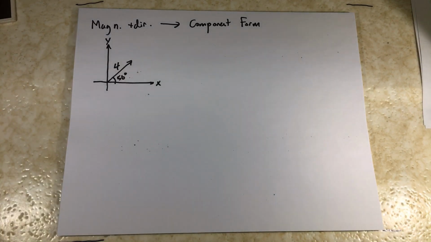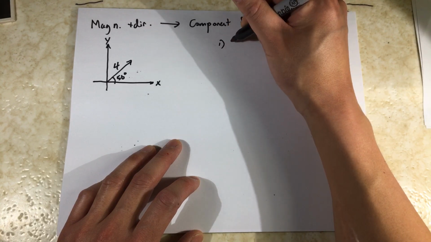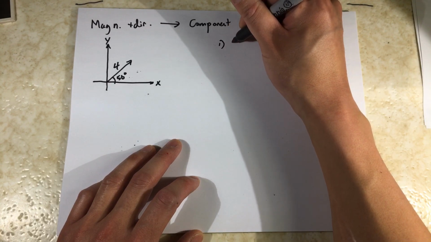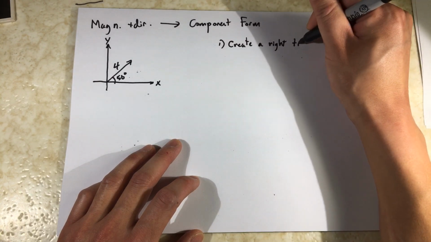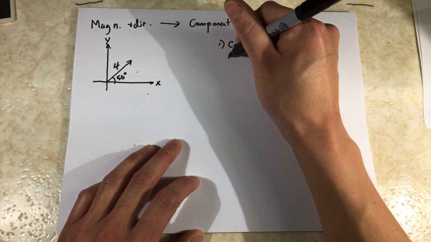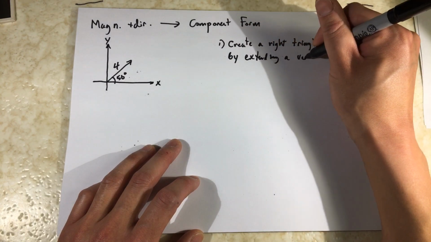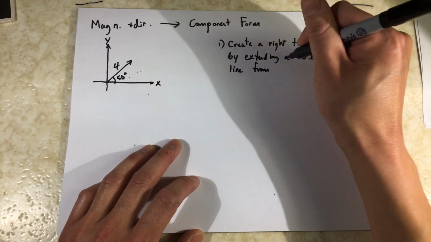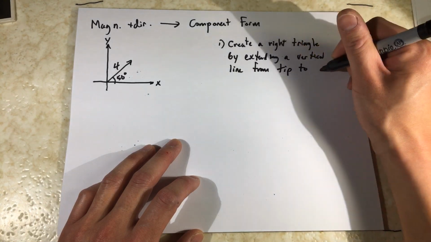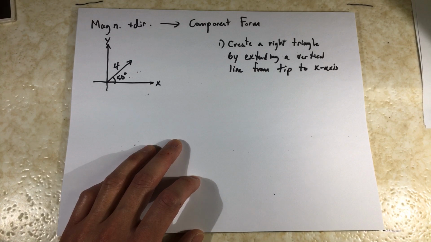Okay, so basically the strategy is to create a right triangle by extending a vertical line from the tip to the x-axis. There are other ways of drawing these triangles, but this is the best way in my opinion.